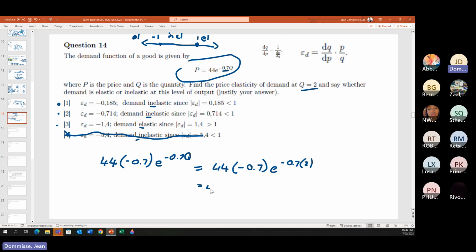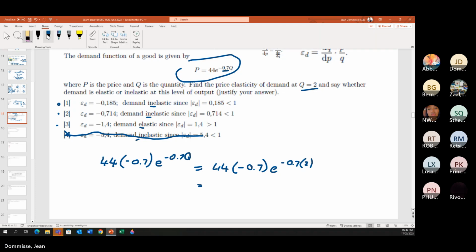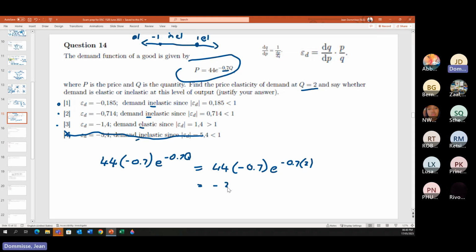Okay, so it's 44. So 44 times 0.7. We'll put in the negative now, so that is negative 30.8.